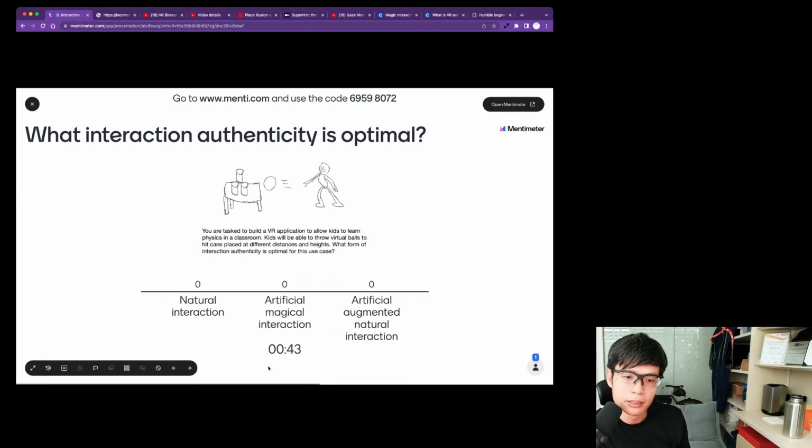Okay, so this is describing a certain use case, which has been described before. A VR application to allow kids to learn physics in a classroom. Real physics.